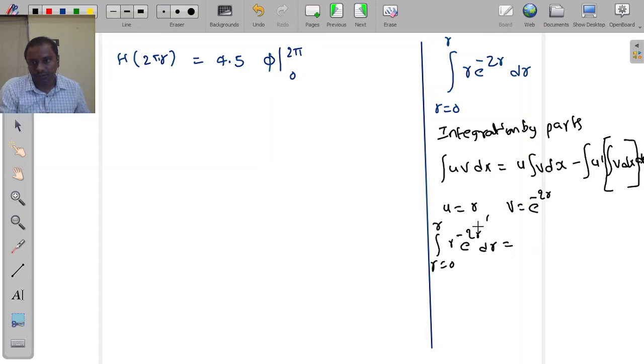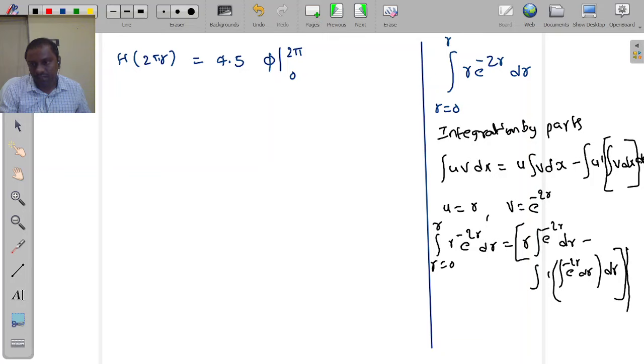Now the integral from r equal to 0 to r of r e power minus 2r dr will become u, which is r, into the integral of v, e power minus 2r, integrating with respect to r, minus the integration of the derivative of u, the derivative of r with respect to r, which is 1, into the integral of e power minus 2r dr. The entire thing has limits r equal to 0 to r.